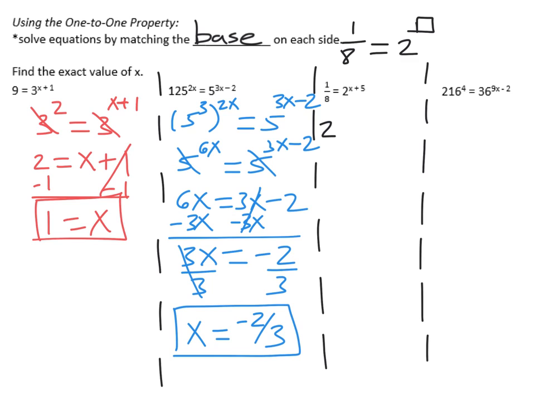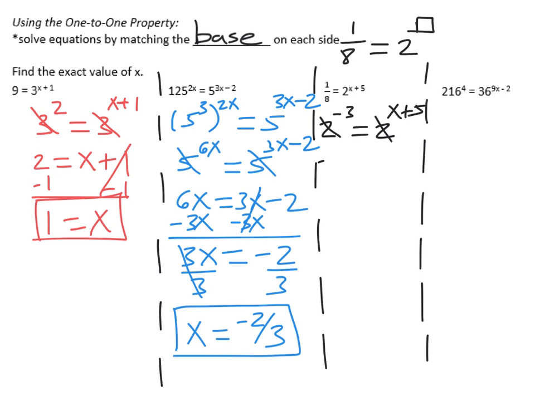1/8 would be 2 to the negative third power, right? So when you're doing guess and check to get the bases the same, be aware of the negatives, right? With the ones I'll assign you, you're not going to have to check a ton of values. You could get to it pretty quick, but especially if you see that you're working on a fraction like 1/8, make sure you do that.